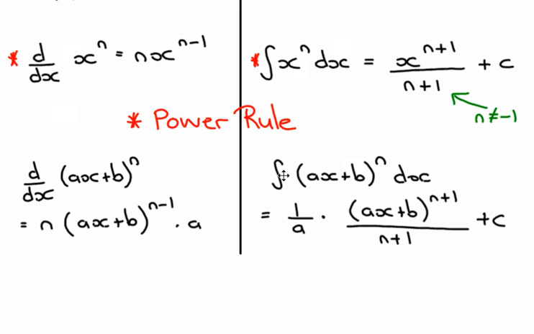So when we're doing the integral of a power where the base is a linear function, let's actually start here. Again, we add 1 and we divide by the new exponent, but then we also multiply by 1 over a, and that's just to get rid of that a. Don't forget to add your constant of integration.